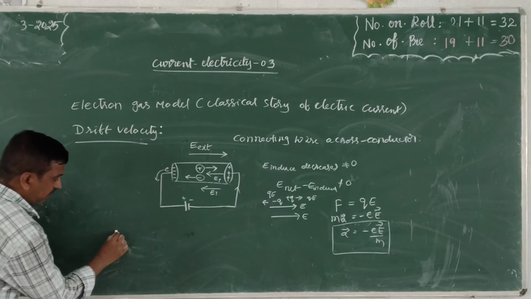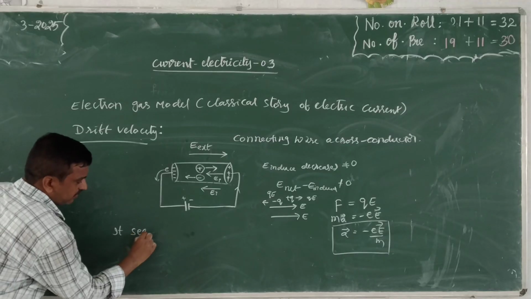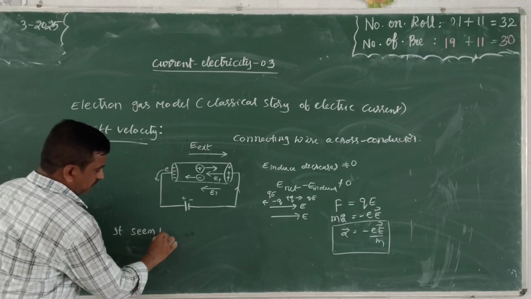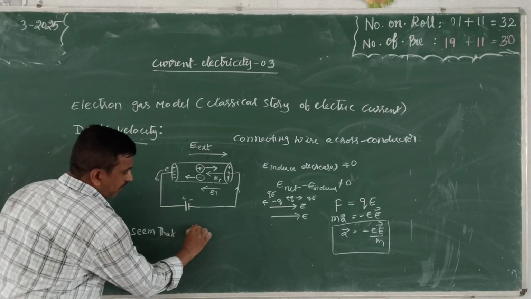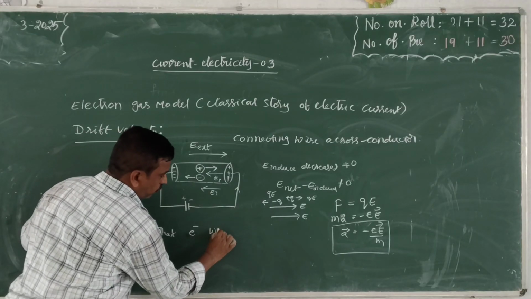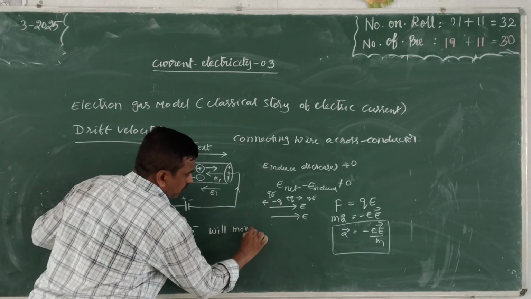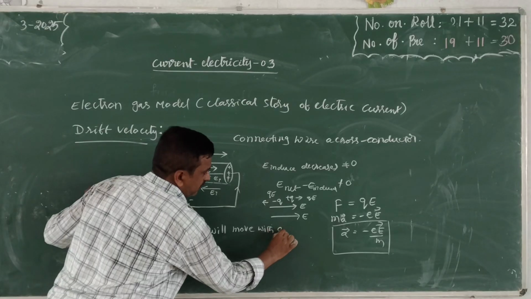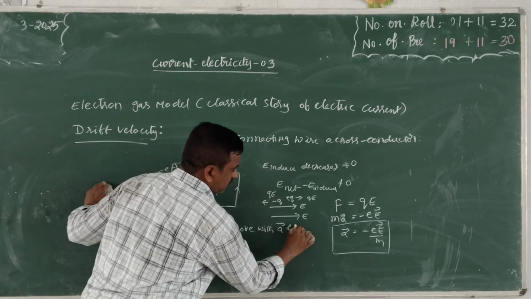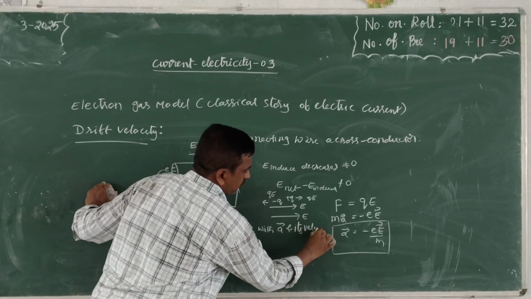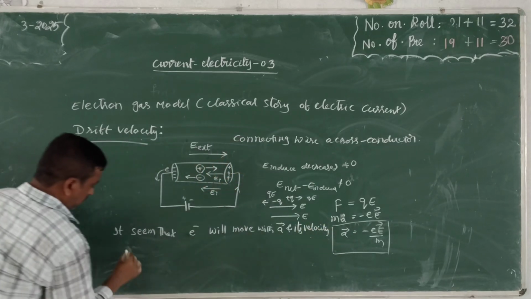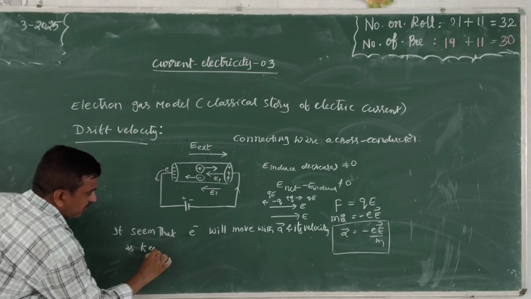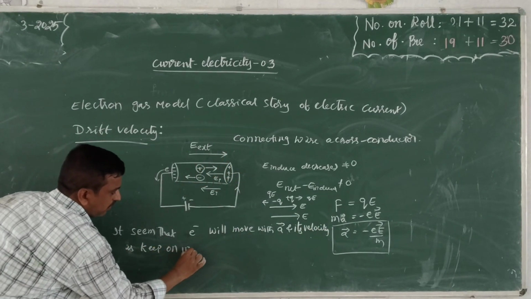It seems that electrons will move with acceleration a, and the velocity keeps on increasing.